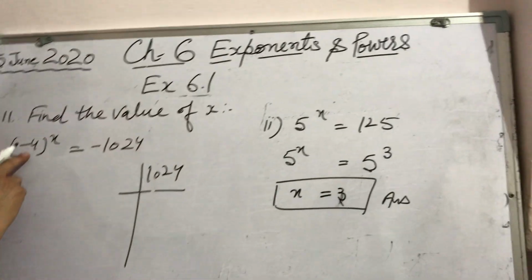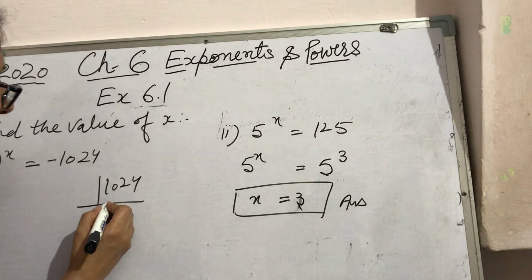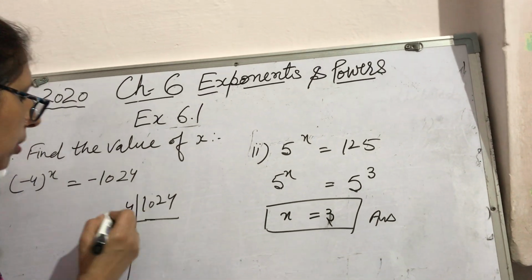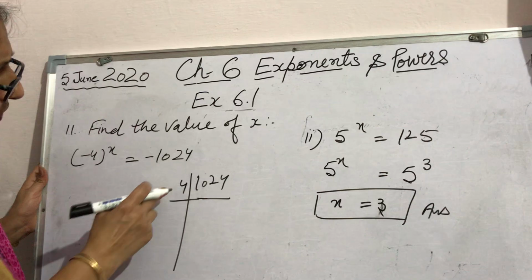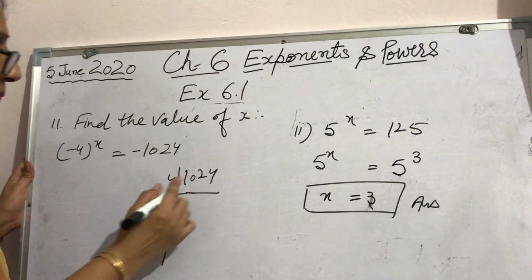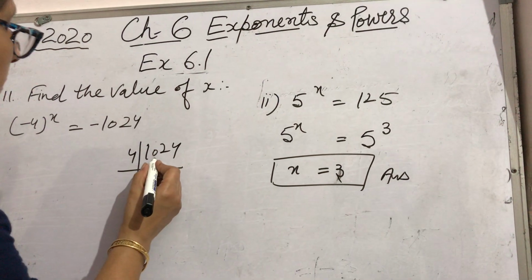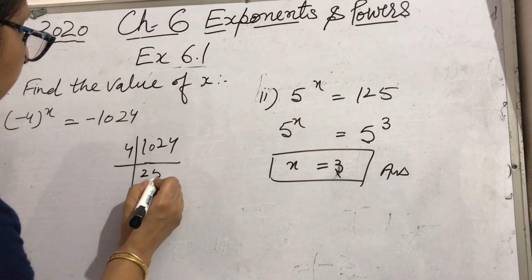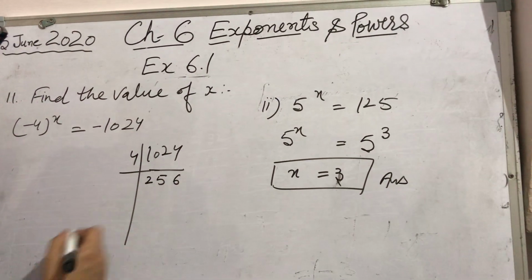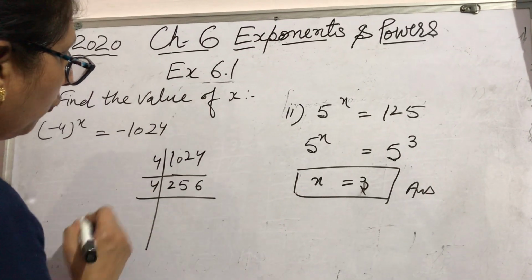But we need base 4, so we directly use 4 because we need only power notation. So divide by 4. 4 twos are 8, 4 fives are 20, 4 sixes are 24. Again divide by 4.